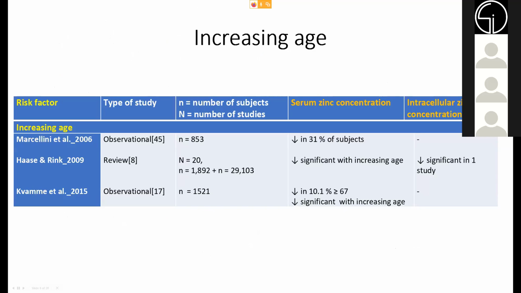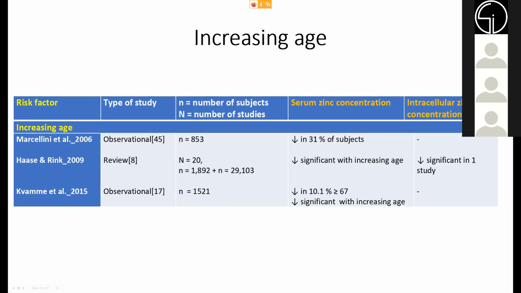Now, let's have a look at the risk factors for zinc deficiency. There are a number of studies showing that with increasing age, there is an increased risk for zinc deficiency. A study in 2006, done in Europe, found that 31% of the subjects had a lower serum zinc concentration.